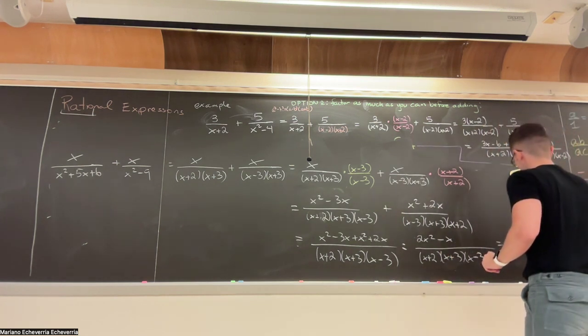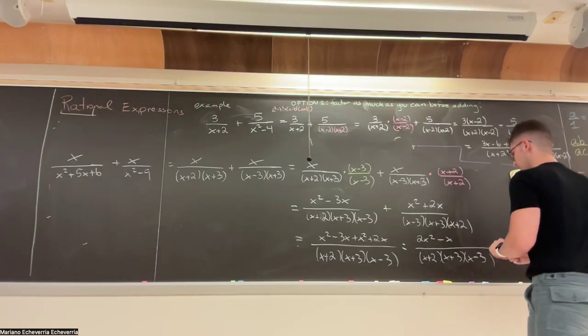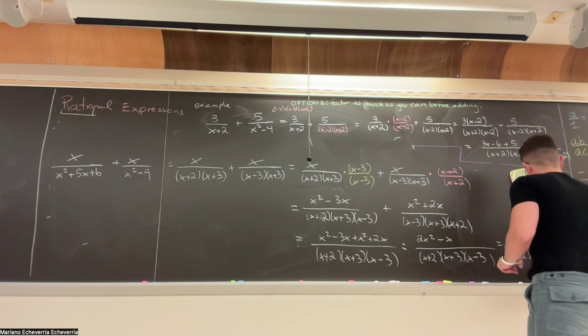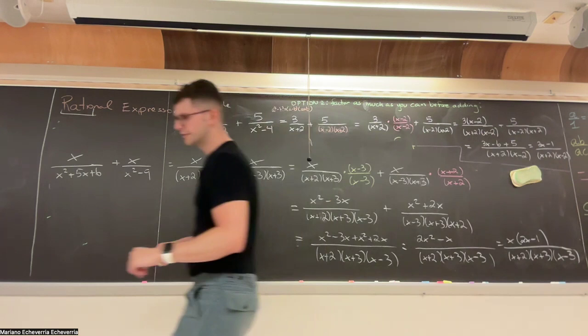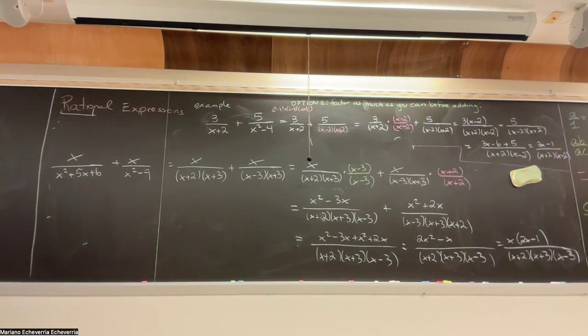So x times 2x minus 1. Oh, no, that's fine.